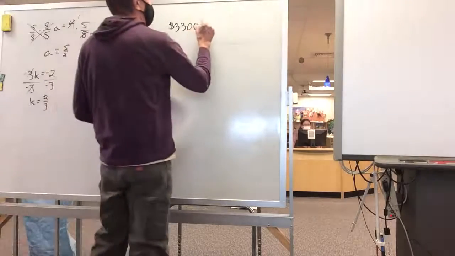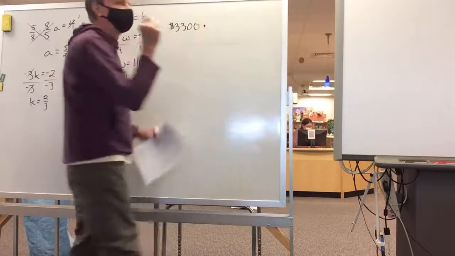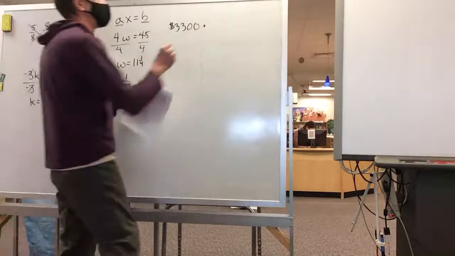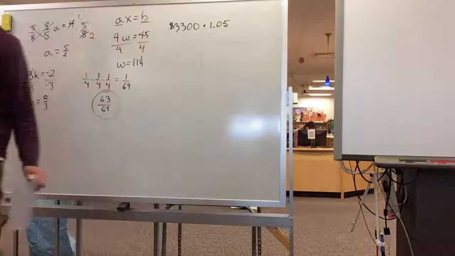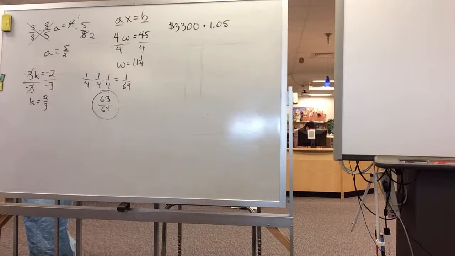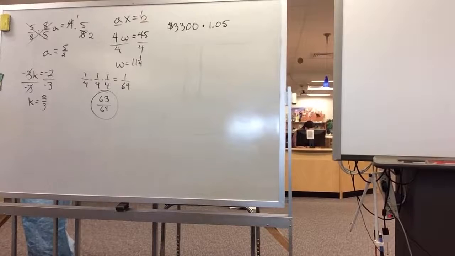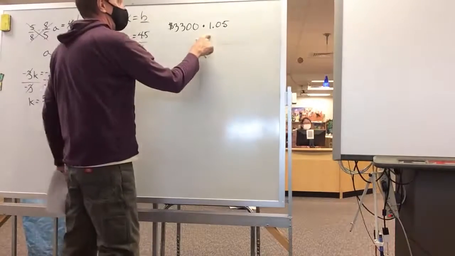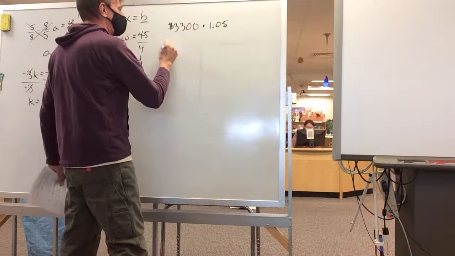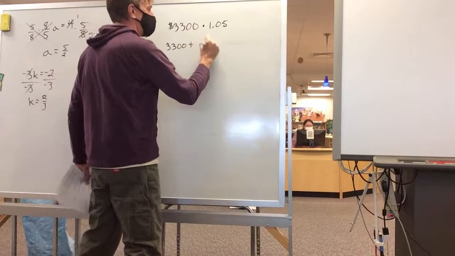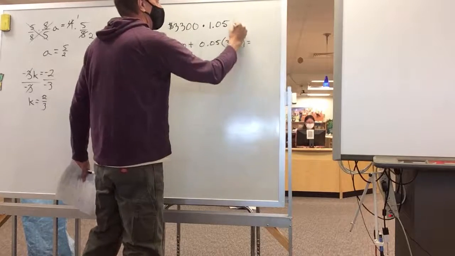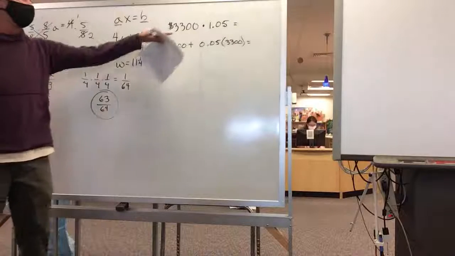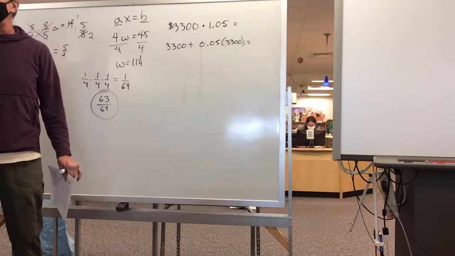In the first year, you could either just multiply this by 1.05, which is 105%. So her assessment's still going to be 100% of what it was, plus 5% more. So you could do this to get the first year. Or you could say it's going to be 3,300 plus 0.05 multiplied by that much money. That would give you the same answer as if you just took and multiplied by 1.05.